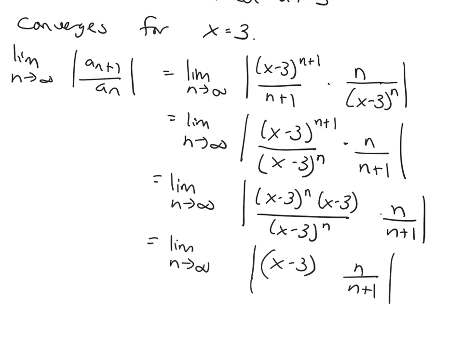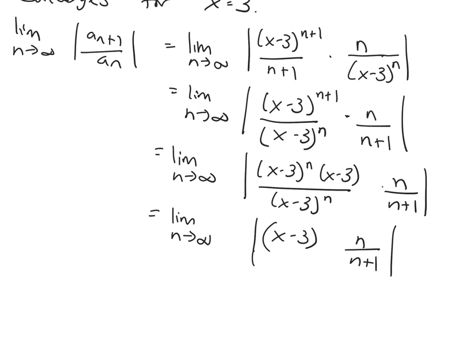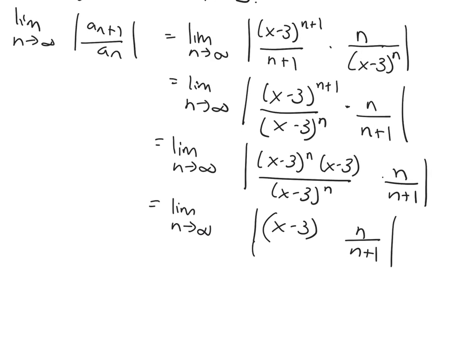This is the same thing as using your exponent rules where you subtract the powers. N plus 1 minus n leaves you with 1 as your exponent. And then I have these two things I'm multiplying. I've simplified as much as I can.